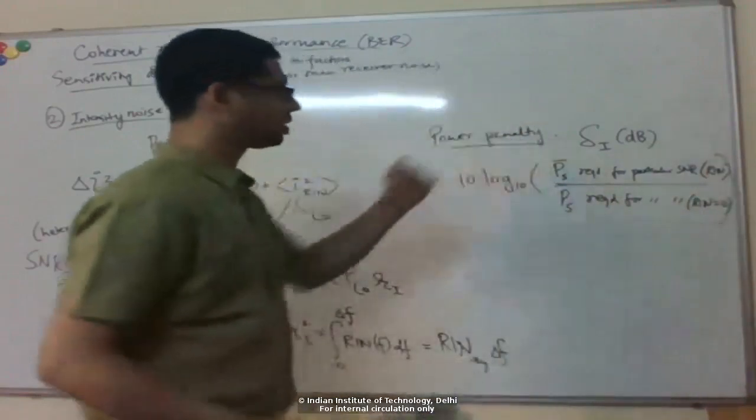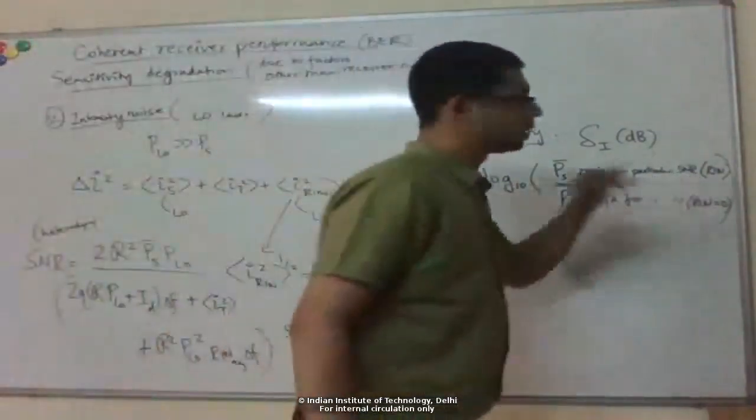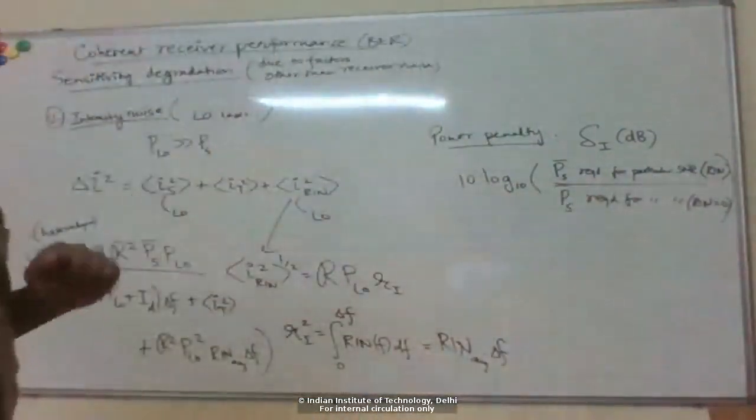Right. So how much more signal power I need because of the RIN noise, that's the power penalty.